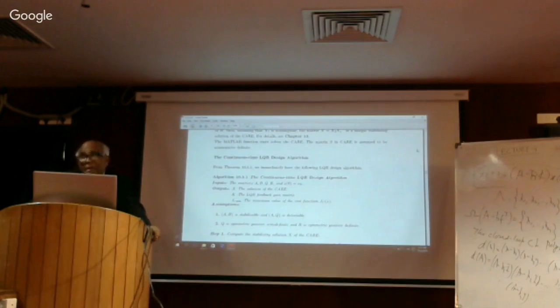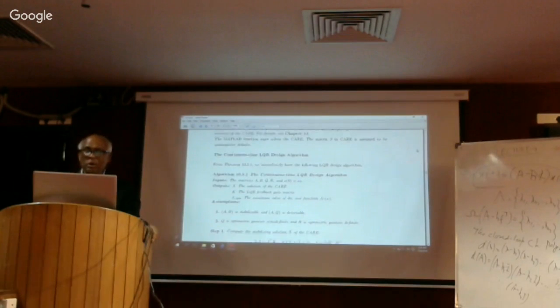Now we have already seen that the Lyapunov matrix equation has some computational difficulties, like the solution matrix can be highly intense. So we have to now compare between these two approaches.